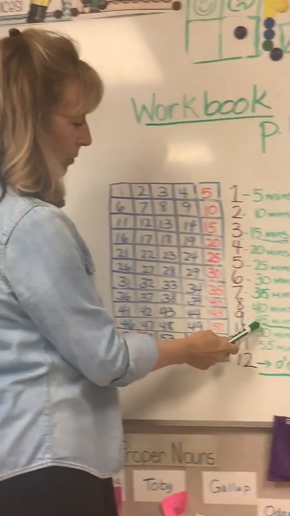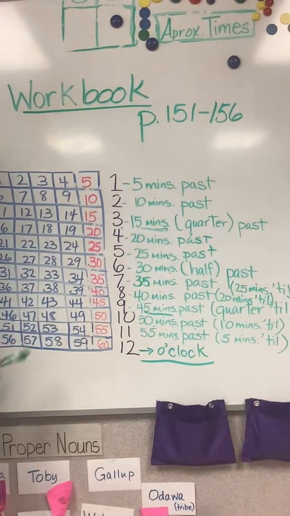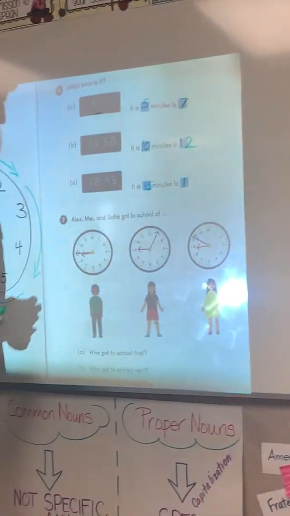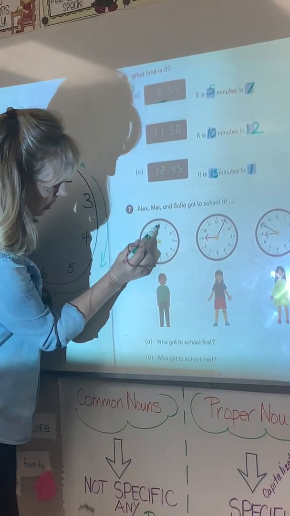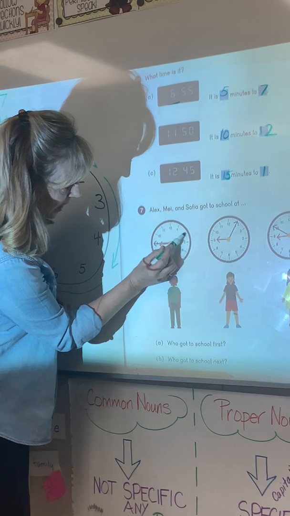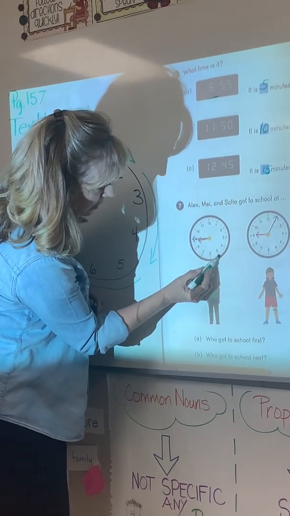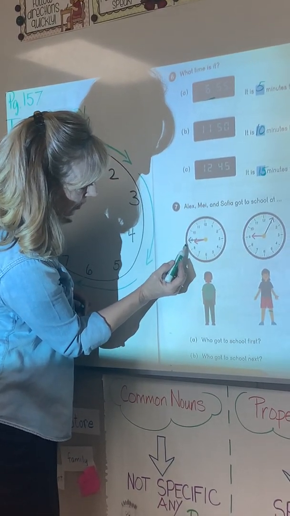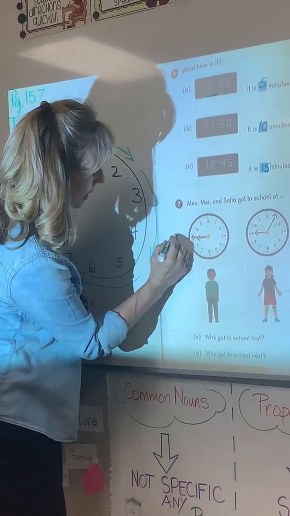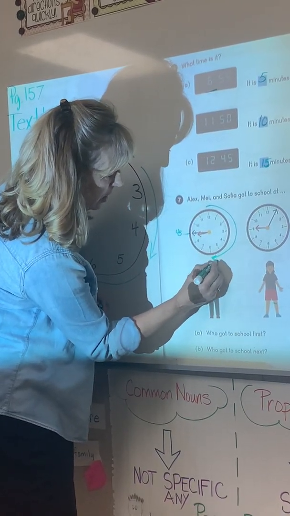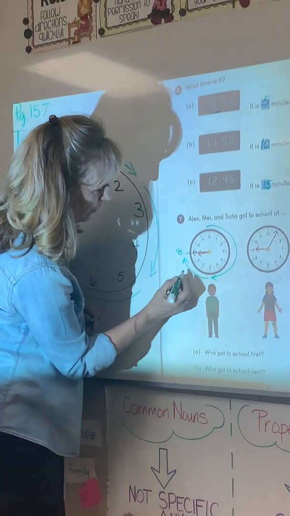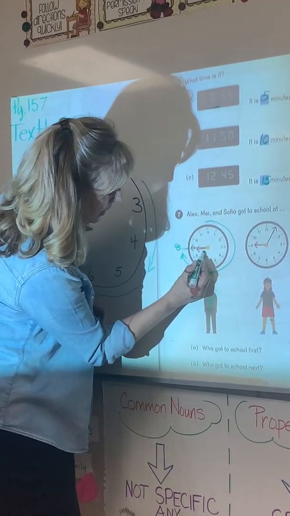9, 45 minutes past. That means this long minute hand started at the 12 and it went 5, 10, 15, 20, 25, 30, 35, 40, 45 minutes right here. It went all that direction, didn't it? Until it got to 45. So it started at 8.